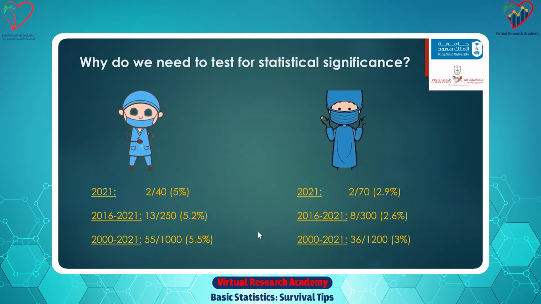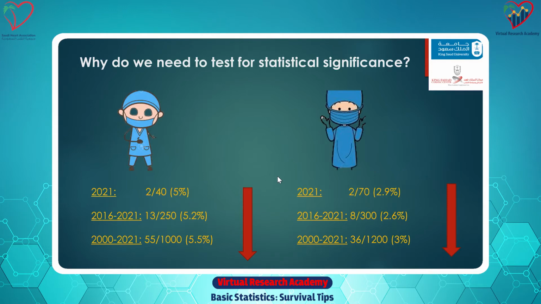If you actually think about that, if you go back to the example we talked about, all I did is actually just increase the sample size. If you look at the complication rates, they're very similar, you know, 5, 5.2, 5.5, 2.9, 2.6, 3. So the events, if you like, are essentially the same. The difference is essentially the same.